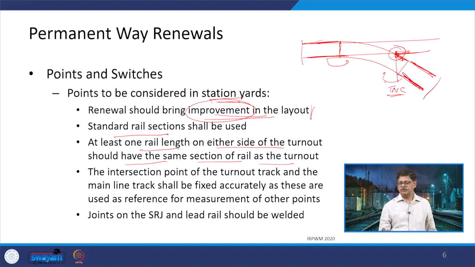With respect to that, we were going in this direction, and there the different types of leads were defined, and we calculated those leads. Similarly, in some cases when we said that the curvature stops at a distance x from the TNC, then again the TNC comes into the picture. That is the reason that you need to look at this particular aspect of accurately finding out the position of the intersection point. The joints on the SRG and lead rail should be welded.